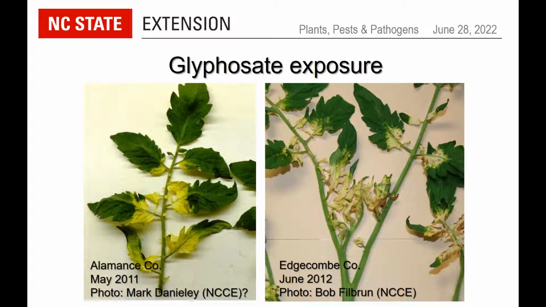And I've even heard a case or two where glyphosate was used to clear away the weeds in a vegetable garden, and then someone came back and transplanted too soon and got damaged that way. A couple of cases here, Alamance and Edgecombe counties. But again, this is one you can definitely diagnose yourself because of the very classic symptoms.